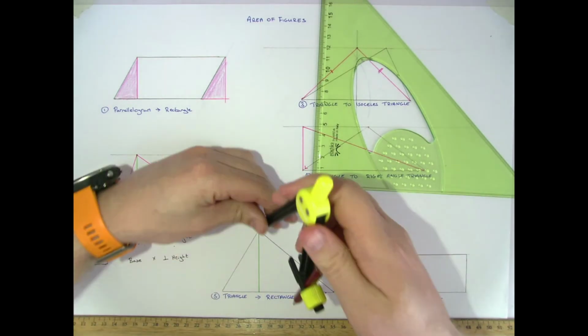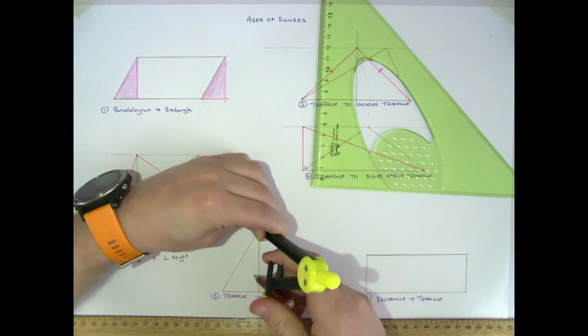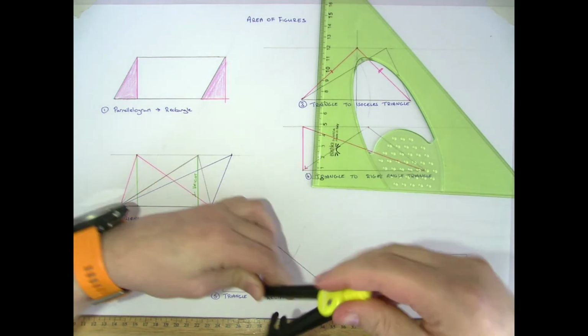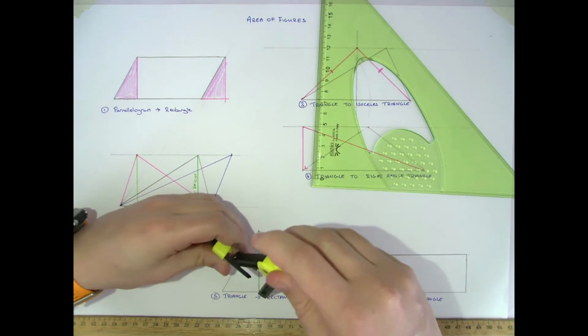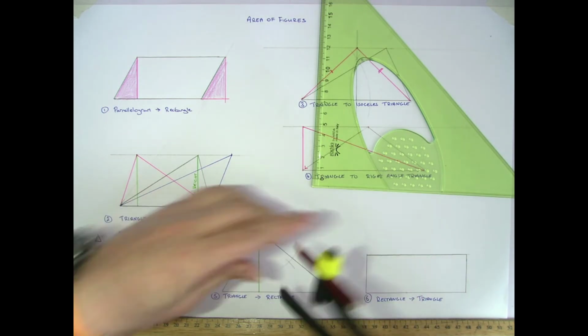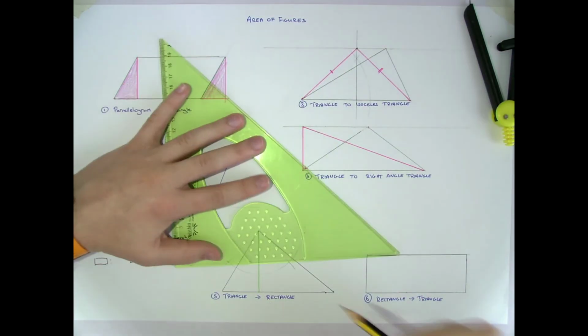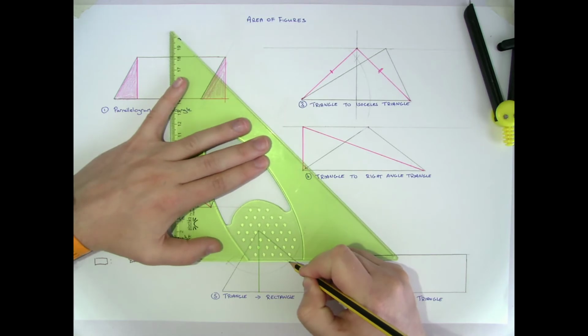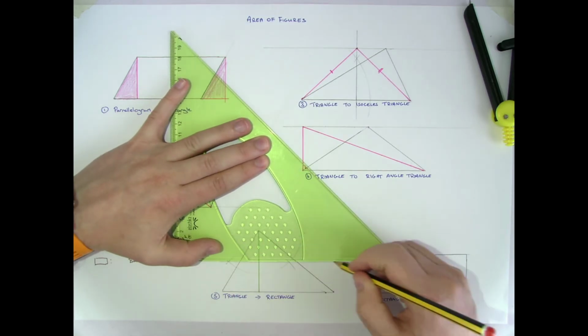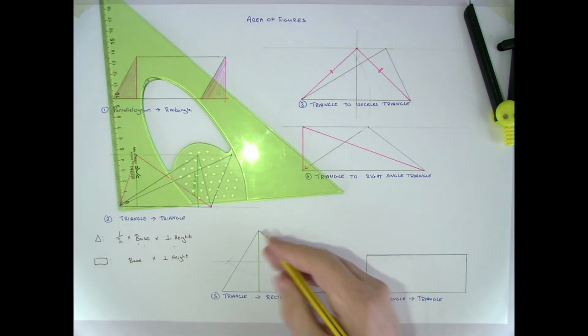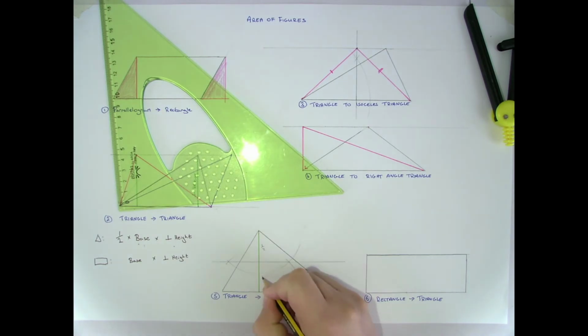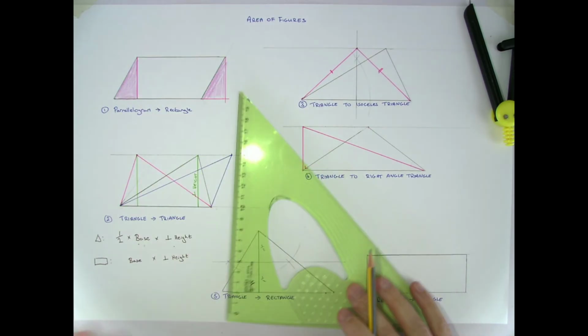So if I bisect the height, half, and half. So I've now introduced half into my formula.